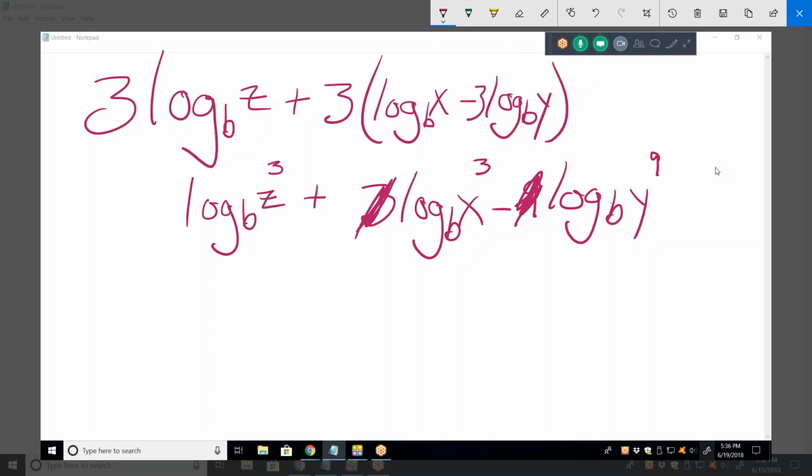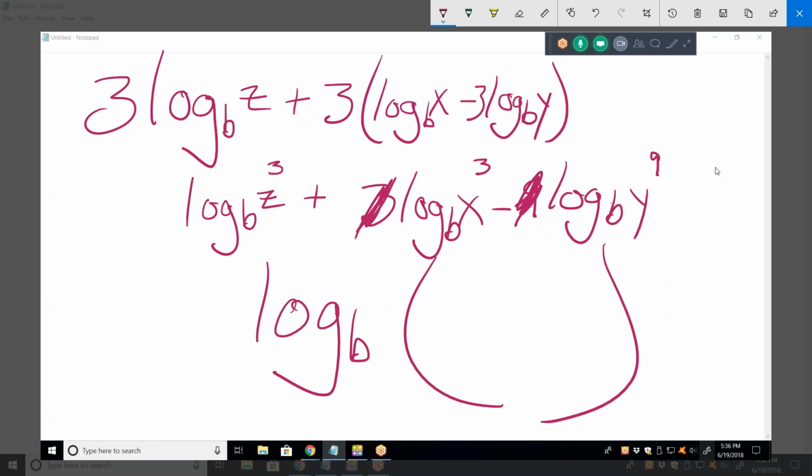Now we're ready to put it into a single log expression. So what goes in the numerator? z cubed times x cubed. What goes in the denominator? y to the 9th. Perfect.